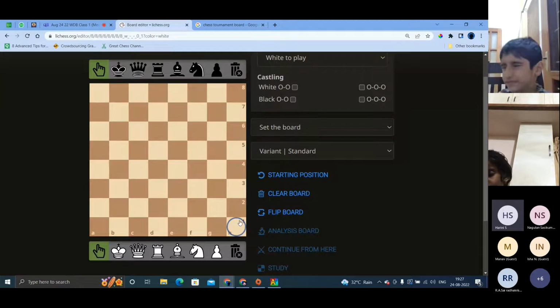Here your opponent will be sitting. For him, this is the right hand, and this square will also be a light square. Okay, for you, light on right. For your opponent, same thing, light on right. So can we all repeat this so that we don't forget it?